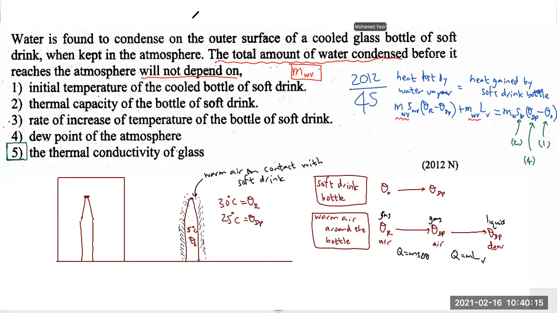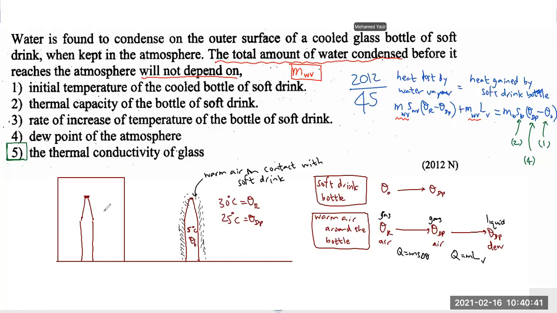Okay, some questions, right? Thermal capacity of bottle and glass. No, thermal conductivity and thermal capacity are not the same. This is thermal conductivity, careful, not capacity. Does the initial temperature of the bottle depend on conductivity?